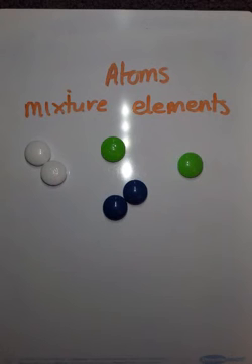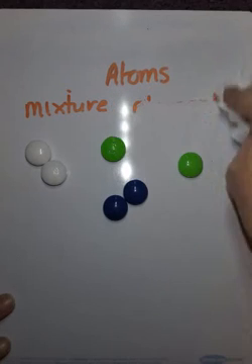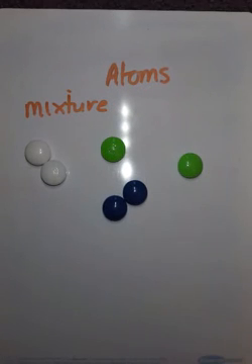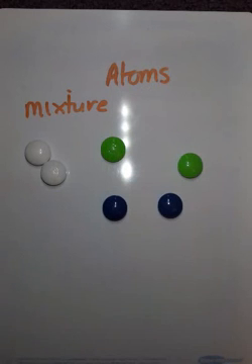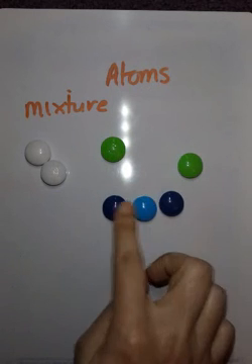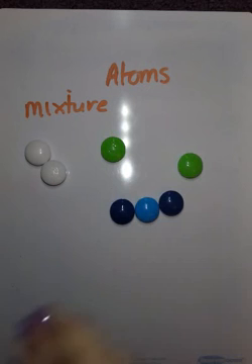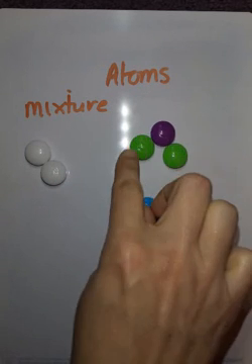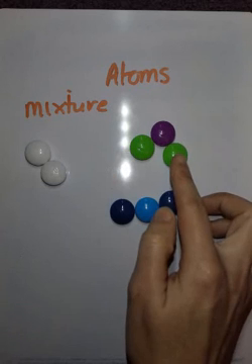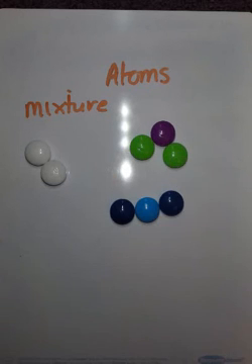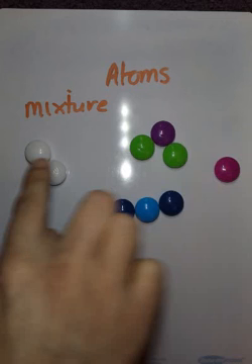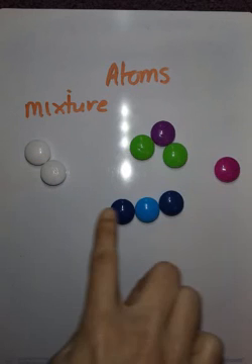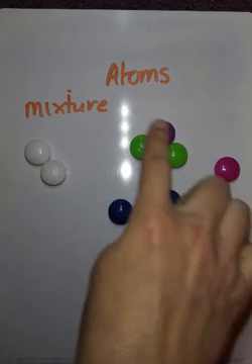We could also have a mixture where we've got a mixture that isn't just elements, it could have a compound involved as well. So we could have a mixture where we've got a compound in there, or perhaps even 2 compounds. So now we've got a mixture that has a couple of elements involved and also a couple of compounds involved.